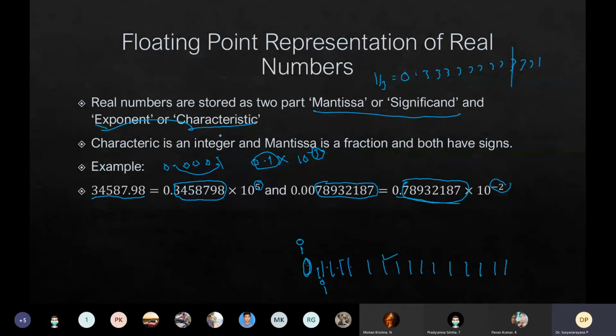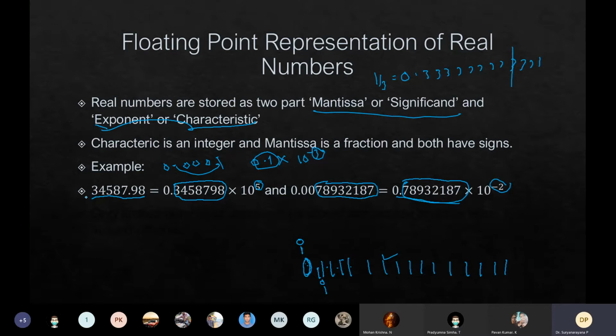So here's an example of how you do the normalization. I think I have shown you some examples in the previous slide, but here I'm showing you again. If you have a number like this, the idea is you have to take the decimal point so that it is in front of the first non-zero digit on the left.